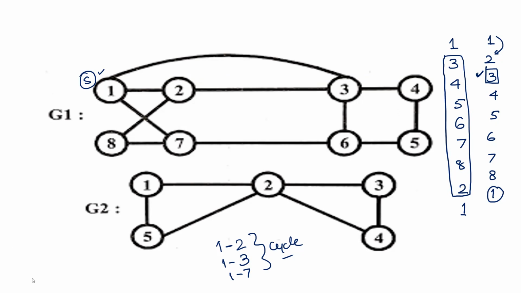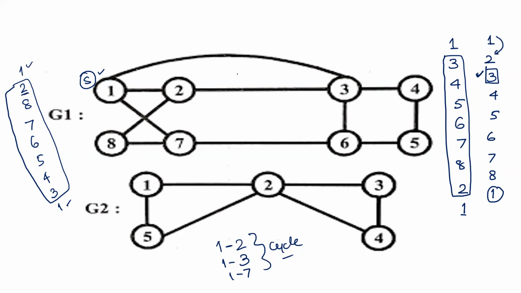So let us try to check whether it is possible to continue further from 1 to 2. Let's start with 2 to 8. That is another option. So 8 to 7, 7 to 6, 6 to 5, 5 to 4, 4 to 3, and 3 to 1. So now we are getting all the vertices visited once, and the cycle starts and ends with 1. So this is another cycle which has 2 as the next vertex, and this is one more which has 3 as the next vertex.